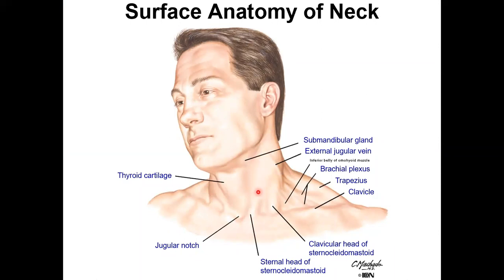Here is the sternal head of your sternocleidomastoid. For pretty much almost anybody, if you turn to the left or turn to the right, you can actually feel this muscle because it'll be pretty prominent on your neck. Your sternocleidomastoid muscles are important for you to be able to turn your head left and right. You can also see here the clavicular head of your sternocleidomastoid. So I mentioned this before and I'll mention it again.